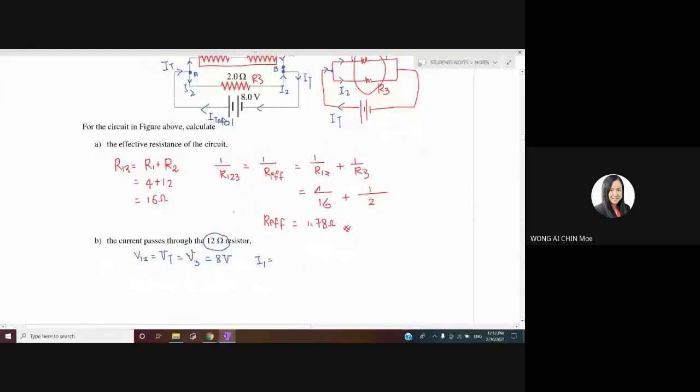Okay, V equals IR. So your I will equal V over R. Okay, so since V is just now equal to 8, and your resistor R12 is just now 16.